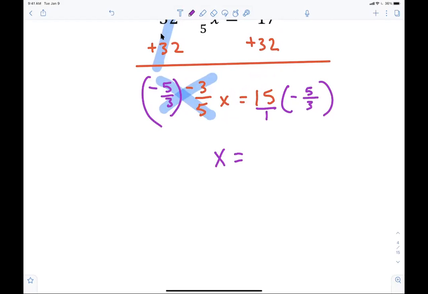Now what happens with the 3 and the 15? 3 becomes a 1, 15 becomes a 5, and then final answer, -25. Molly, you okay? KK? Avery? A little better, remember, every day, a little better, guys.